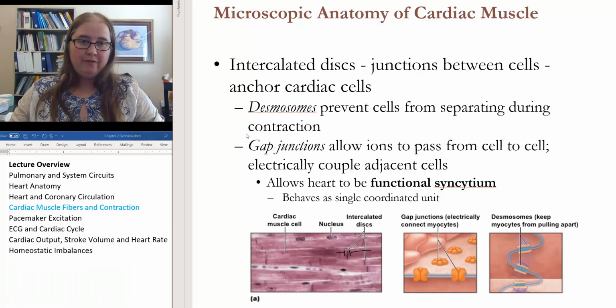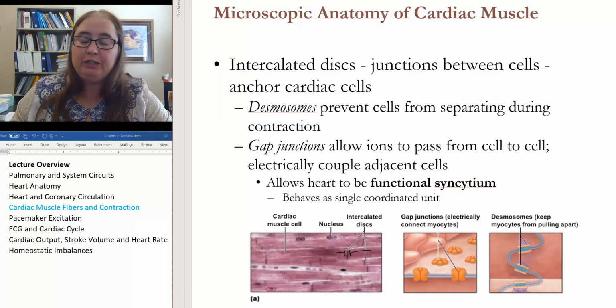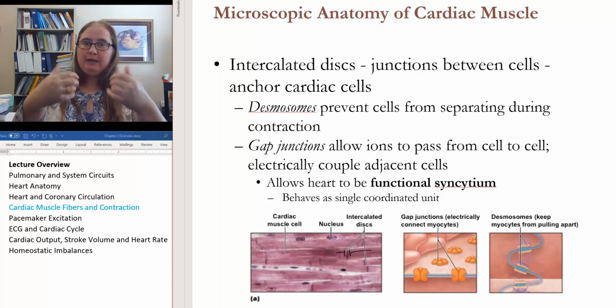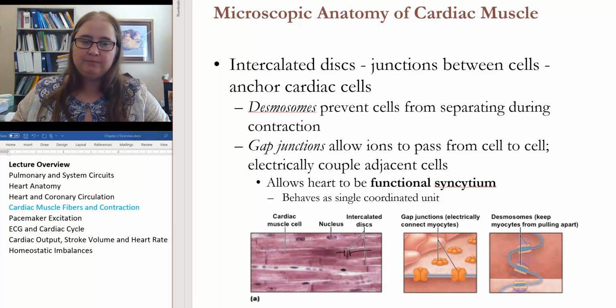So we have the presence of desmosomes. And if you remember from A&P 1, desmosomes are really good at preventing shear stress. As the heart contracts, it's a very dynamic process, and those desmosomes prevent the heart from ripping apart as it's contracting.